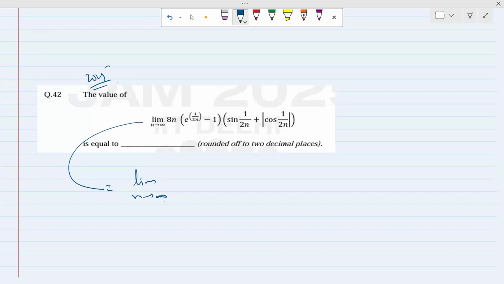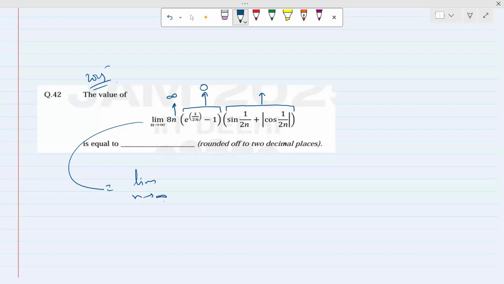Where does this term go, and where does this term go as n tends to infinity? The first one goes to infinity. And the second one? The second one goes to 0.